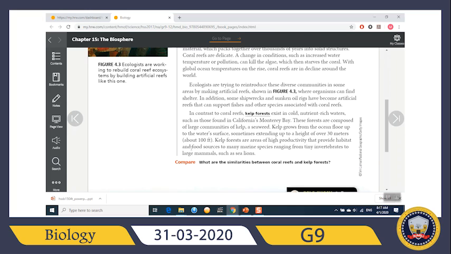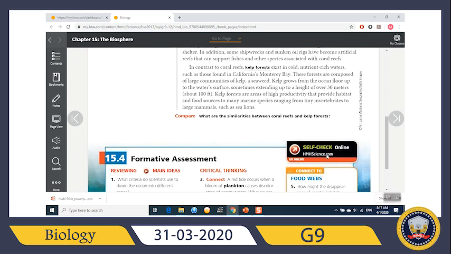Kelp grows from the ocean floor up to the water surface, as I will show you later, and it's a home for hundreds of species of fishes and mammals, like sea lions.